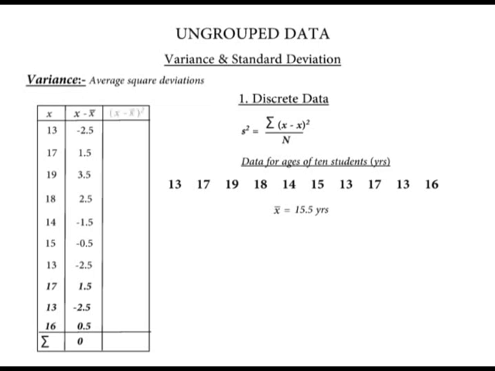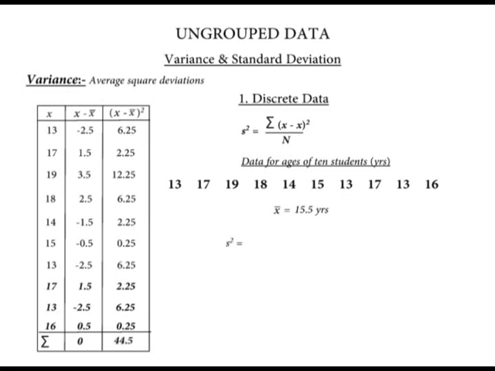From that, we also found the deviations of each age from the mean age. Now we square that deviation, that is x minus x bar squared. Minus 2.5 squared is 6.25. 1.5 squared is 2.25. 3.5 squared is 12.25, all the way down. The summation of the square of those deviations gives us 44.5.